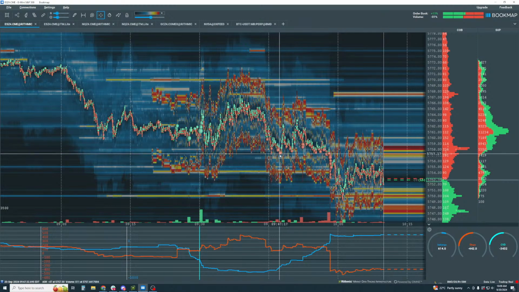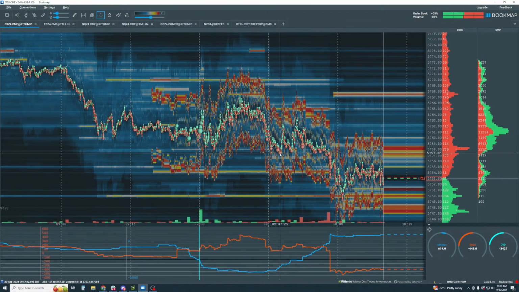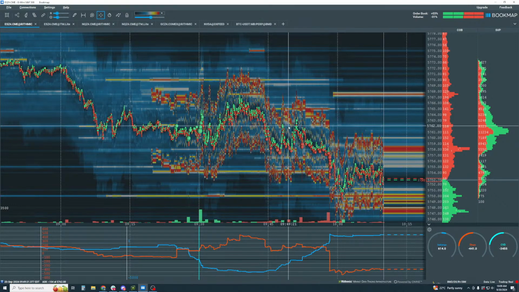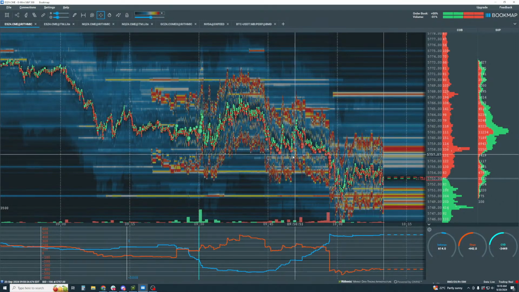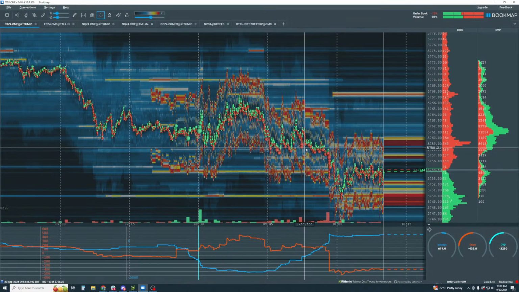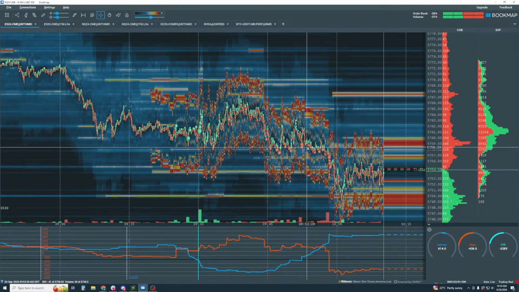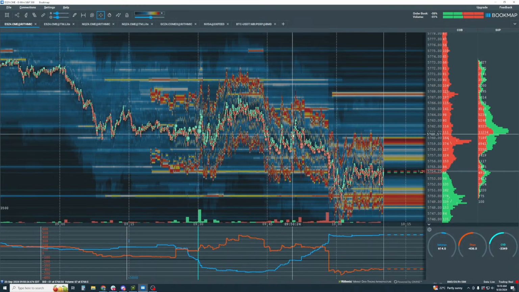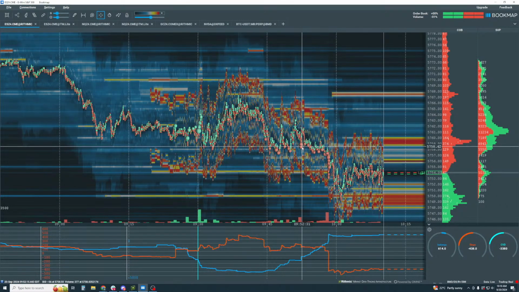And then we see a lot of sellers in here. Now they're on the hook at this point, and they could get squeezed, and maybe they got some small squeezes in here. But look at more sellers, more sellers, and it's still really unclear in here, to be honest, because we're making higher lows and these sellers are failing to move the market lower.